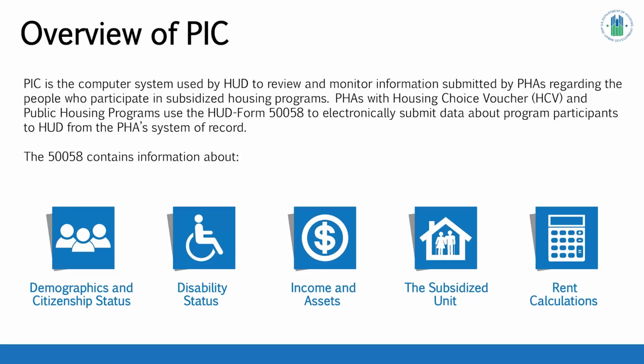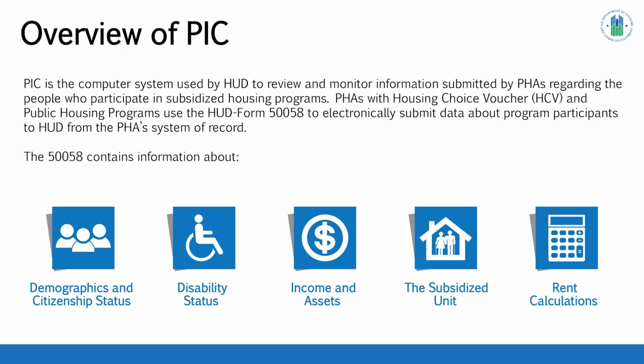The Inventory Management System PIC Information Center, or PIC, is the computer system used by HUD to review and monitor information submitted by public housing authorities regarding participants in subsidized housing programs. PHAs use the HUD Form 50058 to electronically submit tenant data from the system of record to HUD.